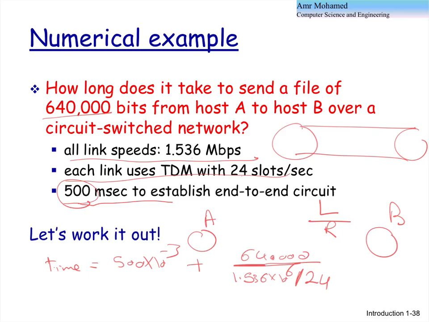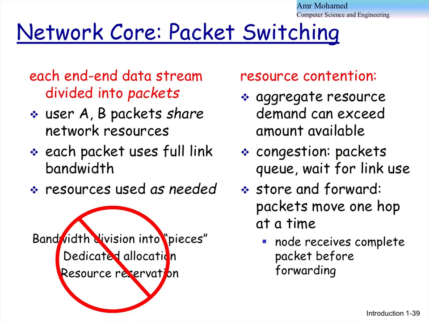In order to appreciate this even more, we have another similar example for packet switching, which will give you more motivation why packet switching is actually more efficient and more scalable. For packet switching, each end-to-end data is divided into packets. As I said, these packets get multiplexed on the core network.